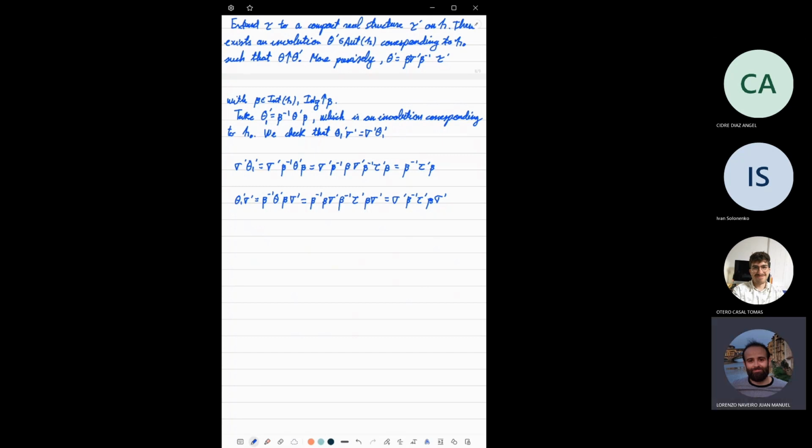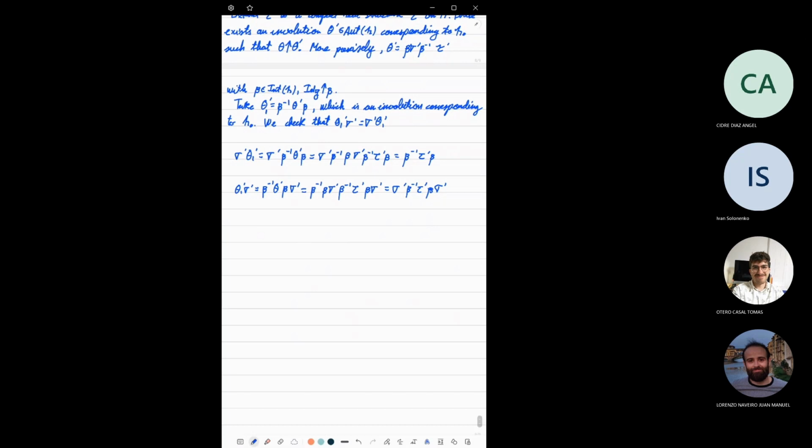So this came from... okay. So I think this should work. So in this case, start again from the fact that theta prime and tau prime commute. And let's write the definition of sigma 1 prime. Let's see if this works.